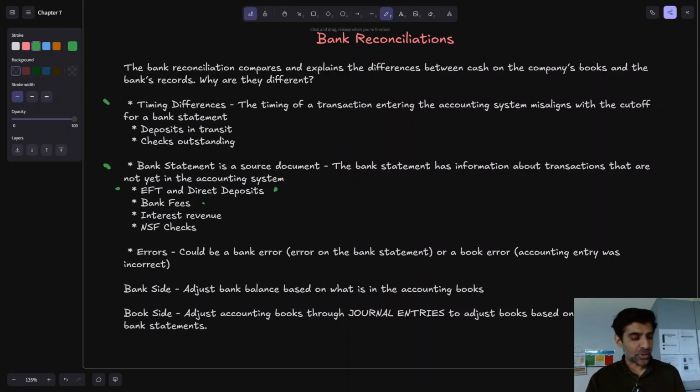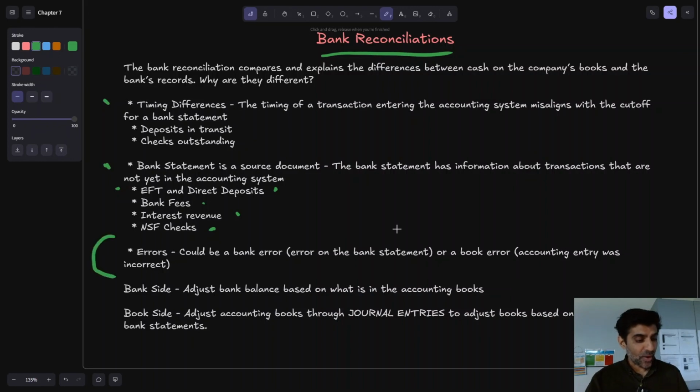They're going to list how much they charged you as fees. The interest that you earned is also going to be on the bank statement. And whatever NSF checks you thought were deposited, you had accounted for them in the accounting system, but the bank statement is going to show you they actually did not go through. So again, the bank statement itself as a source document is another reason why we need to reconcile your accounting system and the bank statement.